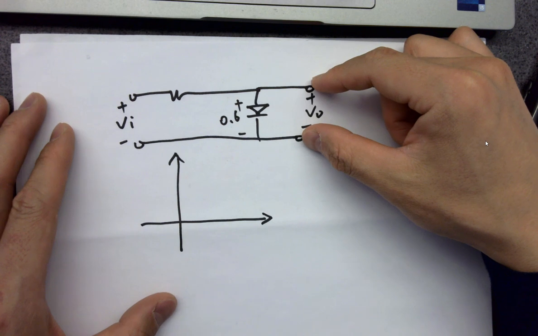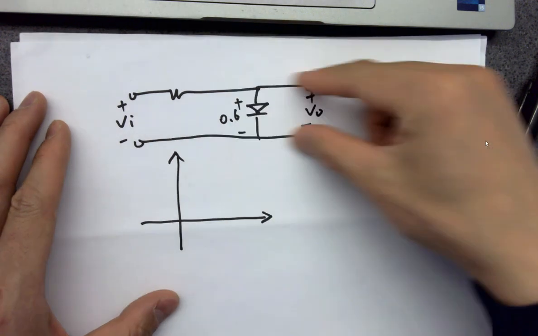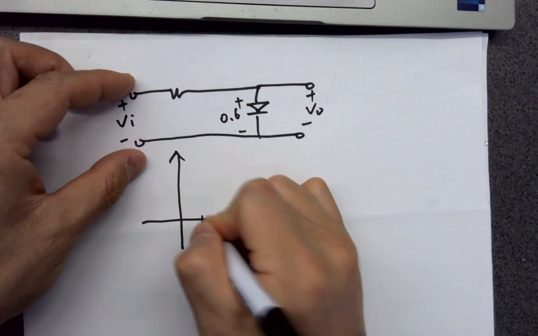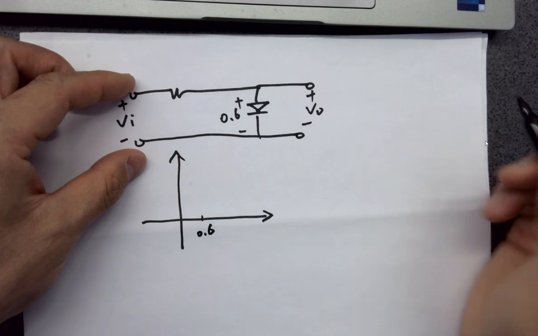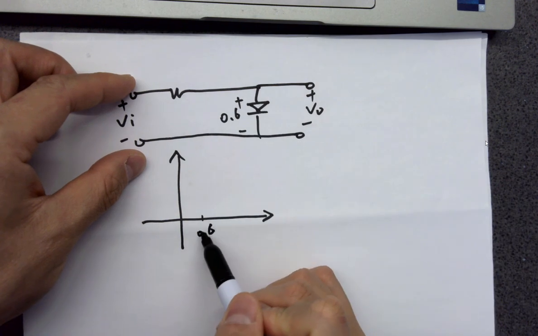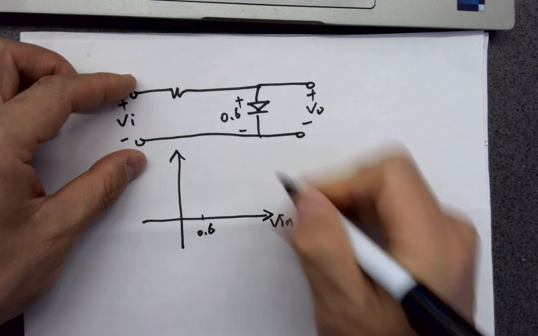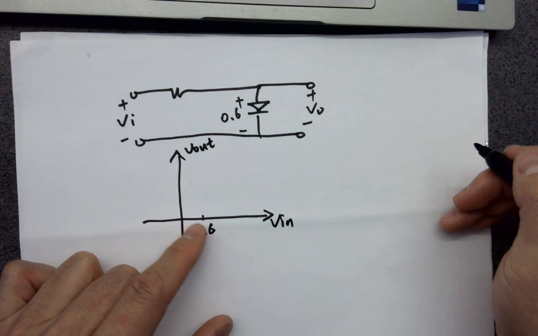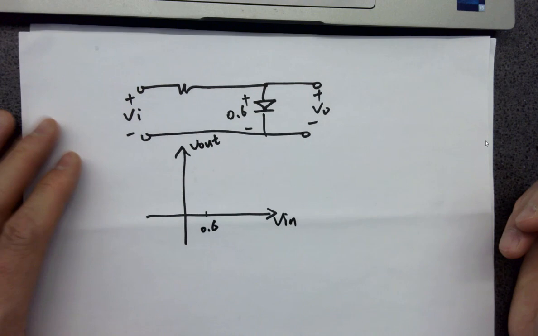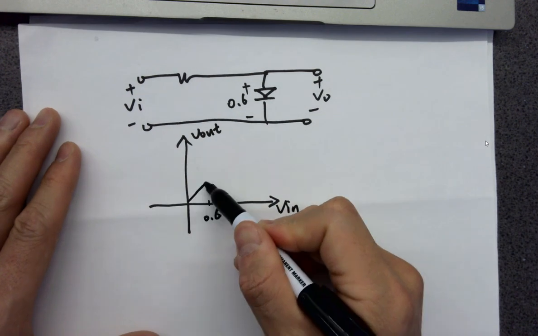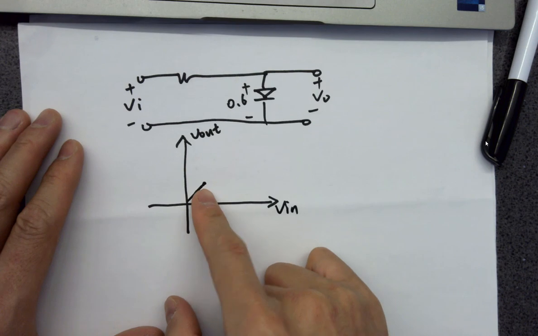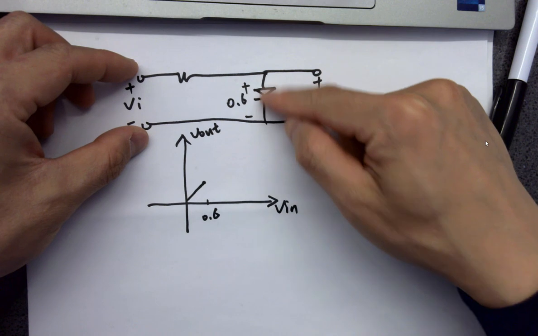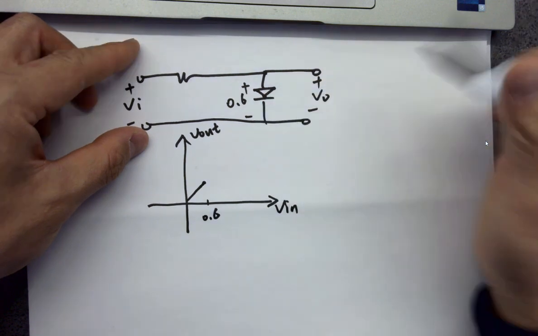So how do we draw the curve? When V in increases before it reaches 0.6 volts, what does V out look like? Yes, the same. Because there's no load. Did I connect any load to it? No load. This is below its threshold voltage, so we assume there's no current.